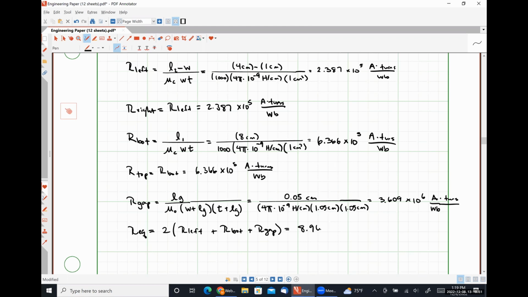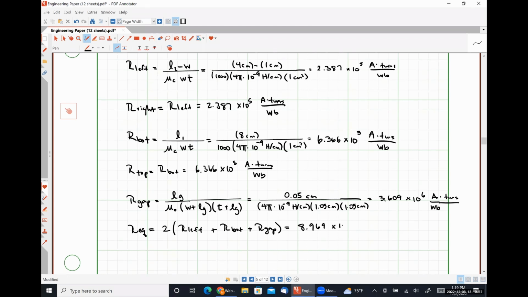That's 9.8686. I'm going to call it 9 just to be argumentative, times 10 to the 6th amp turns per Weber.